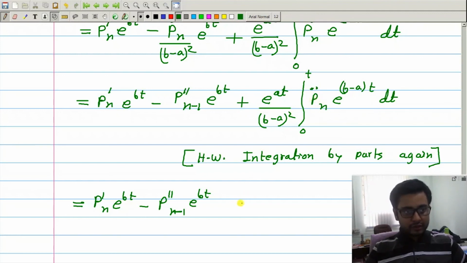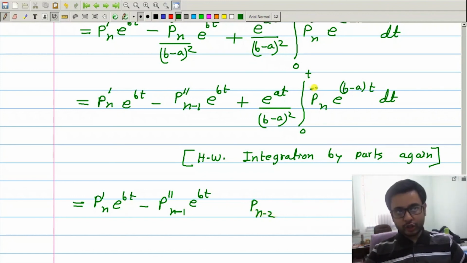So you shall get another polynomial with degree n minus 2 because of the second derivative. Okay, and these constants can be absorbed inside the polynomial. Call this new polynomial p triple prime, and then you shall get something like e to the power bt and so on.